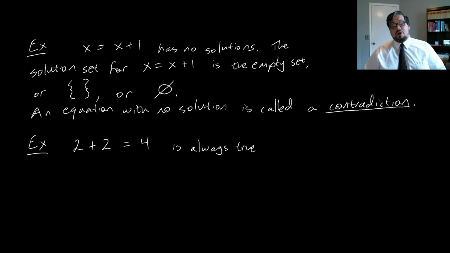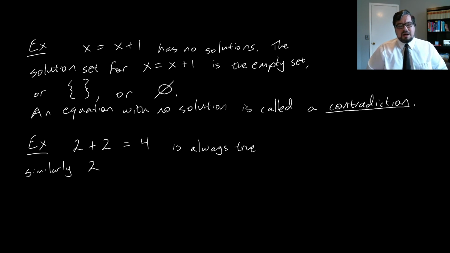Because 2 plus 2 always equals 4, and there's not really anything you can do about it. We could make things look slightly less trivial by including x's in here, but just making something like 2x plus 2x equals 4x. This is also always true.